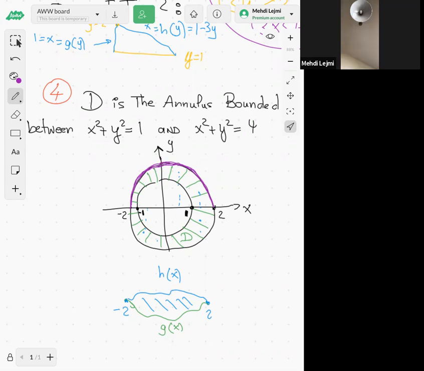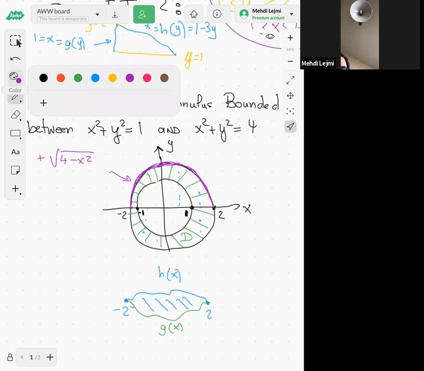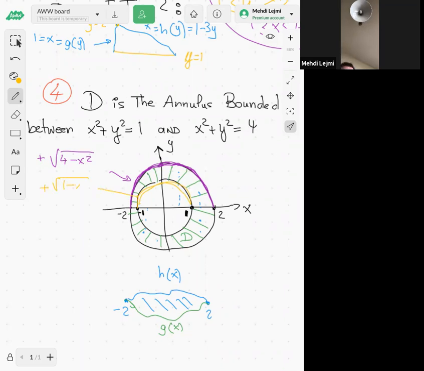So this would be the equation: y is equal to the positive square root of 4 minus x squared, and you have another graph here, this one, that's your positive square root of 1 minus x squared, right?